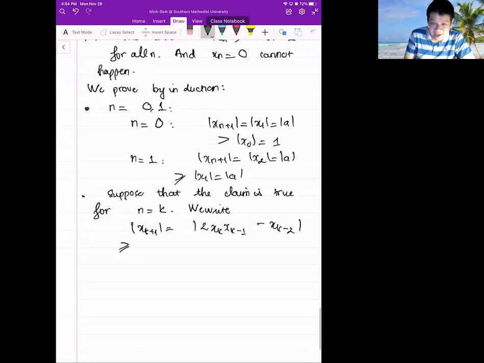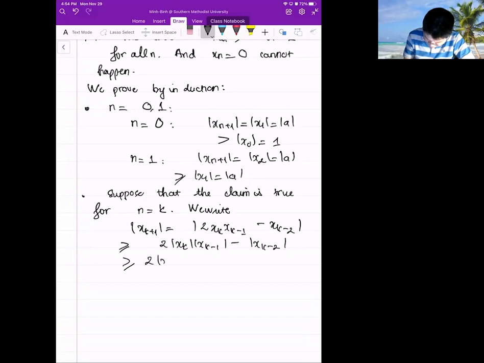And this is bigger than 2 times x_k x_{k-1} minus x_{k-2}. Right, by induction, we know that this is bigger than 2 times x_k x_{k-2} minus x_{k-2}, all right?